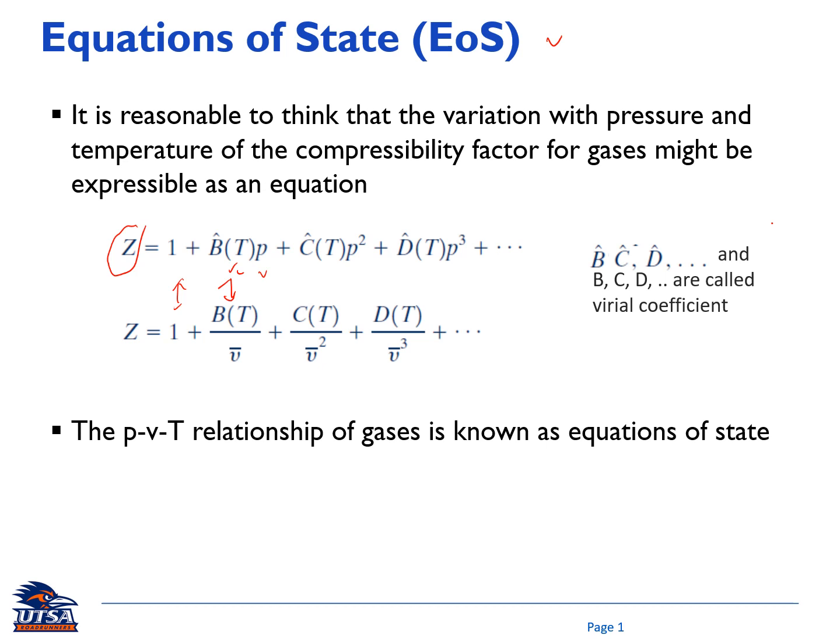This kind of PVT relationship of gases is known as an equation of state once again. So an equation of state is an equation representing the relationship between P, V, and T.